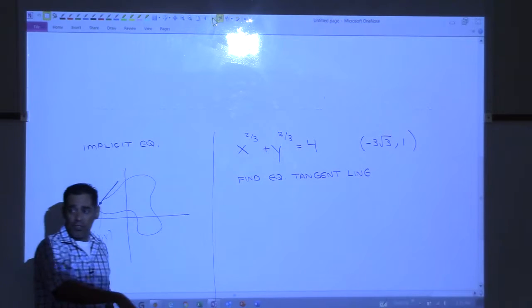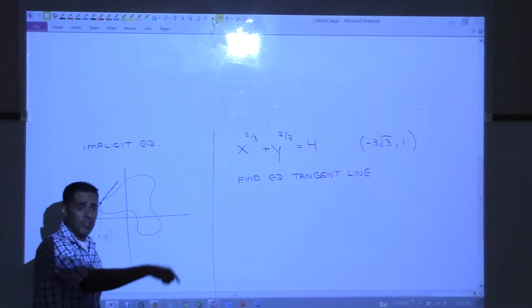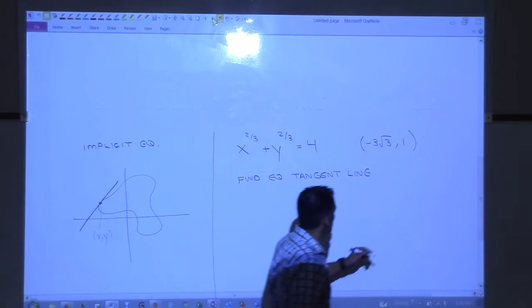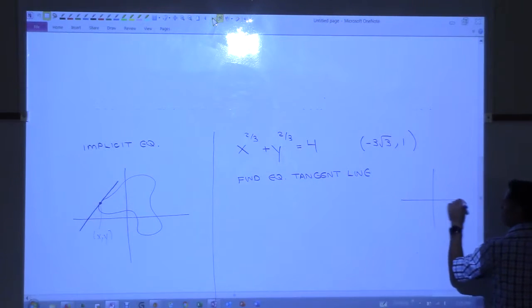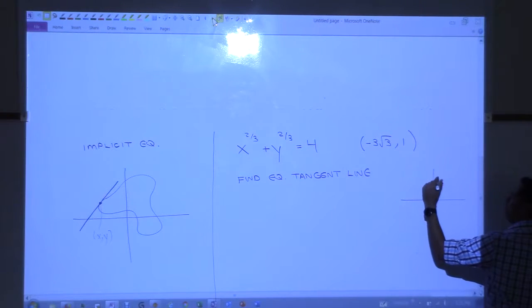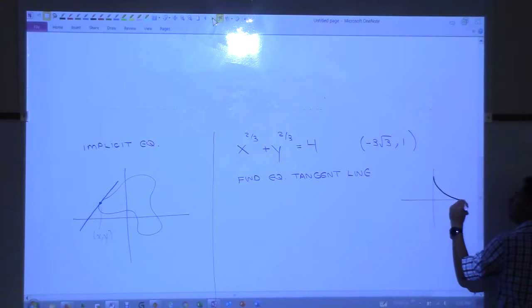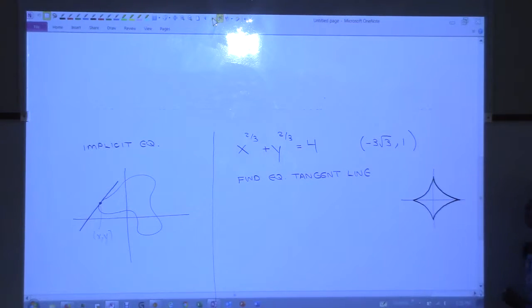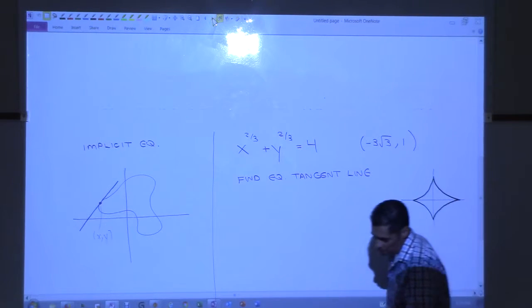All right, so the book actually goes through and draws you this implicit curve. The implicit curve looks like this. Of course, I would not expect that you know this, but just as a reference. And this is actually called an asteroid, according to the book.